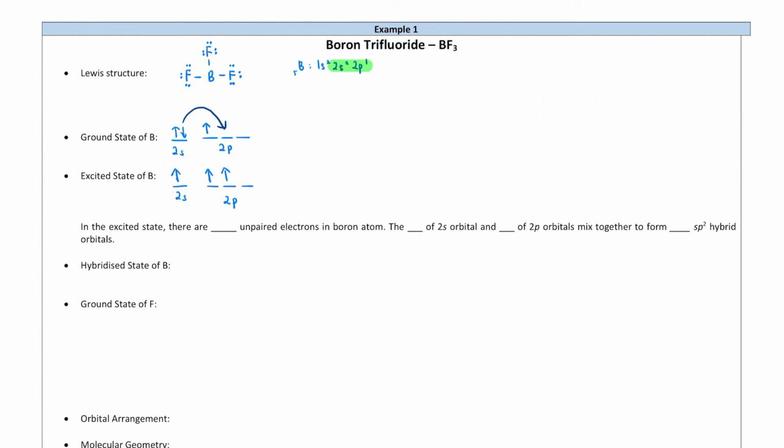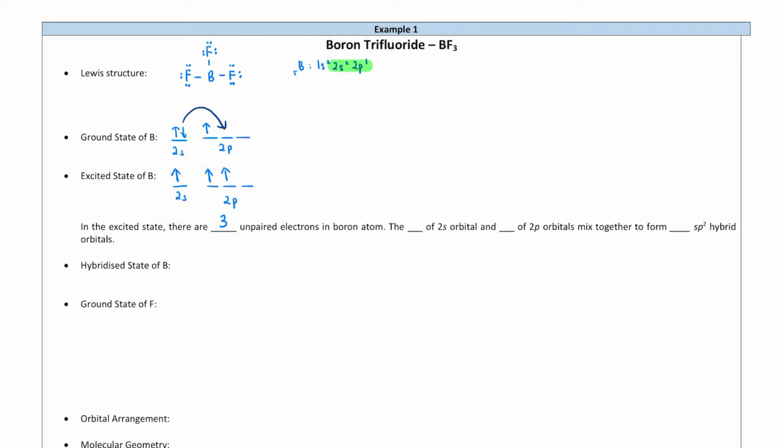Alright, so dia kata in the excited state there are berapa unpaired electron in the boron atom. So unpaired electron dalam excited state ada 3 lah. So kita fill in sini 3 unpaired electron. The 2s orbital and 2p orbital mix together to form sp2 hybrid orbital. So dekat sini kita ada satu je 2s orbital.